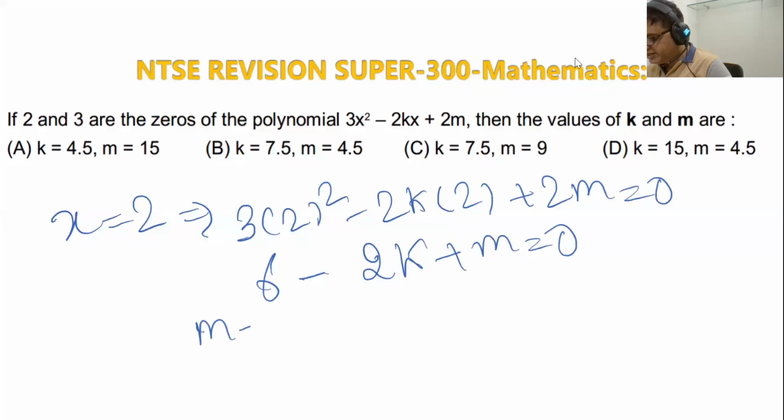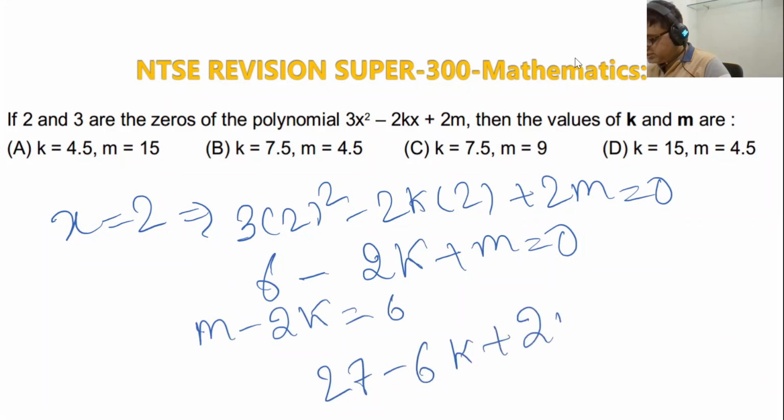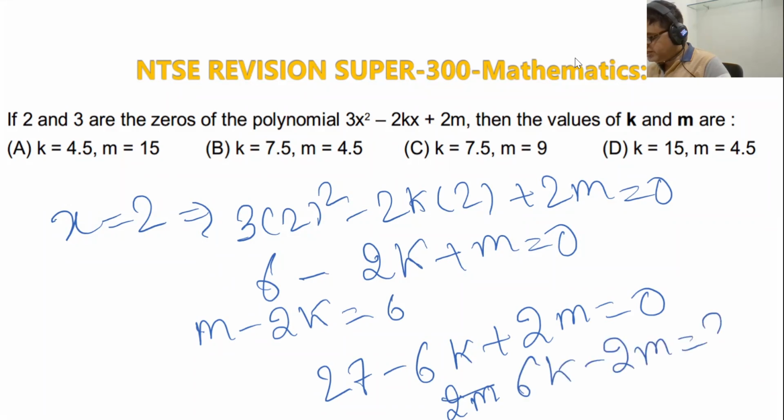So m minus 2k will be equal to 6. दूसरी इक्वेशन में जब मैं 3 रख रहा हूं, so what I will get, 3 into 3 square, that is 27, minus 6k plus 2m is equal to 0. So I'm having 6k minus 2m is equal to 27.